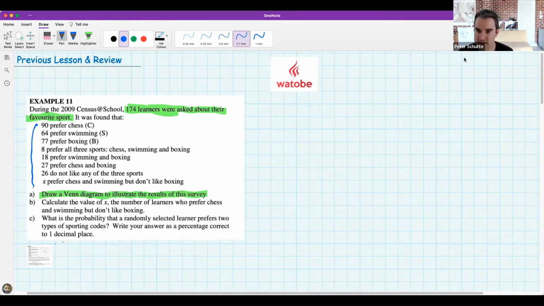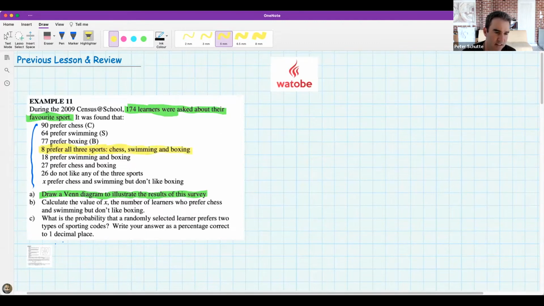Nolwazi said, when drawing, start with the three-way intersection, the intersection of all three. So Nolwazi is suggesting that we should start with the 8 students who prefer all 3 sports: chess, swimming, and boxing.